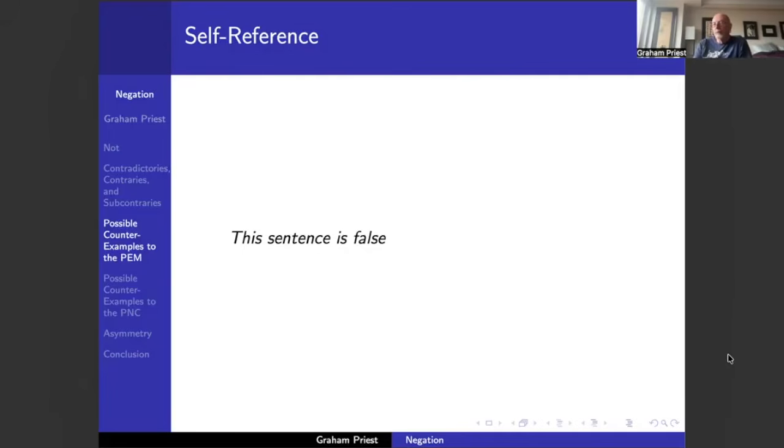One very standard solution is to suppose that the sentence is neither true nor false. If it's true, it's false. If it's false, it's true. But hey, it's neither. So many people have suggested this as a counterexample to excluded middle.